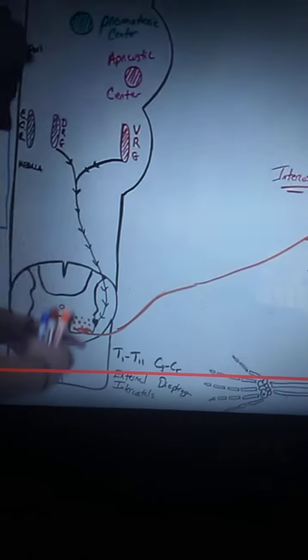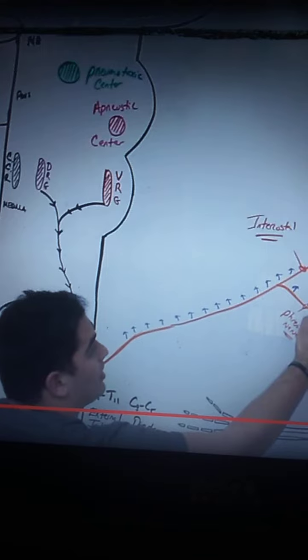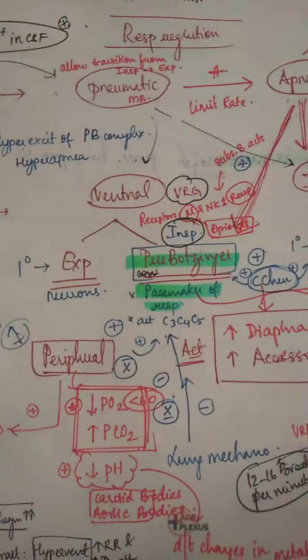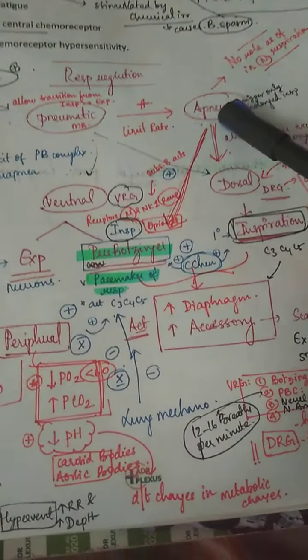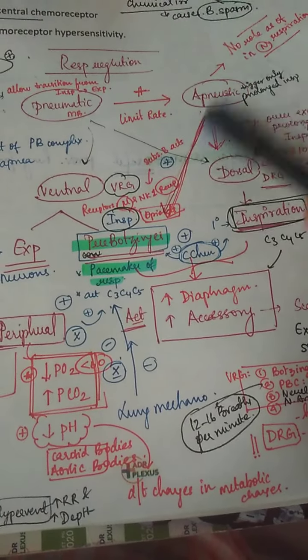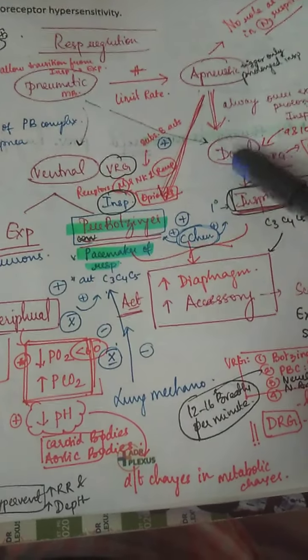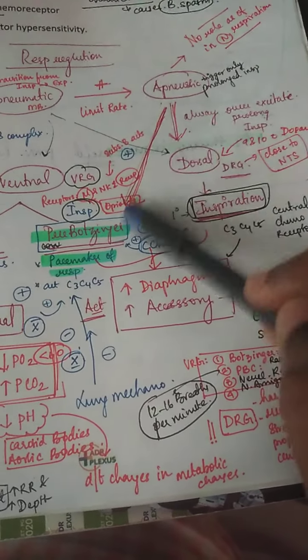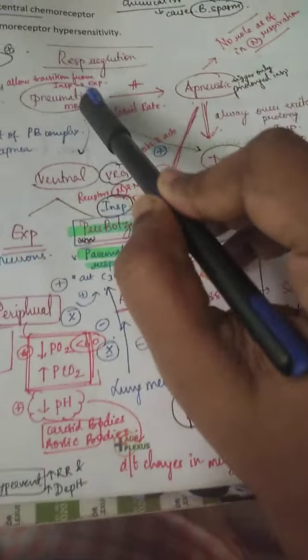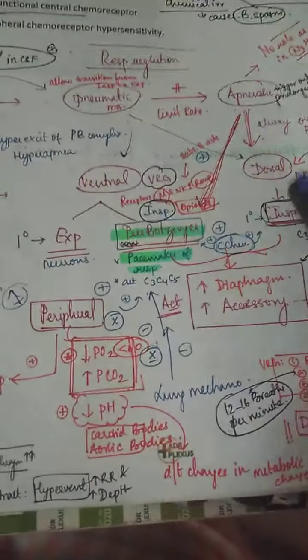What are the controls we have? The apneustic center has control over the DRG and the VRG, and similarly the pneumotaxic center also has control over the DRG and VRG.